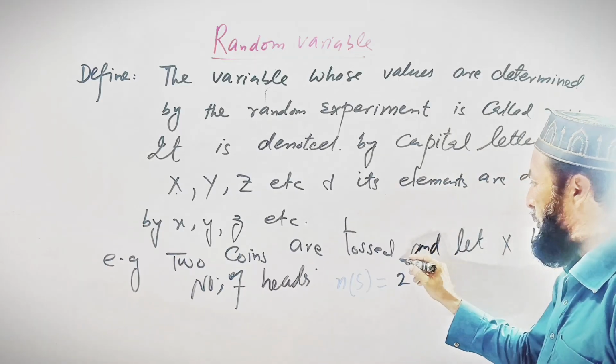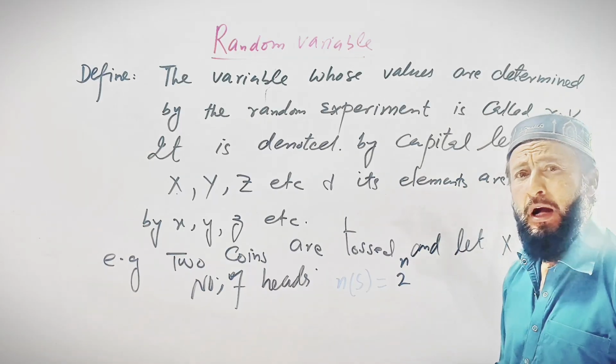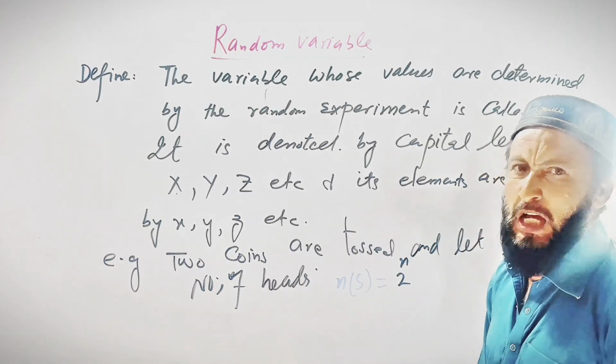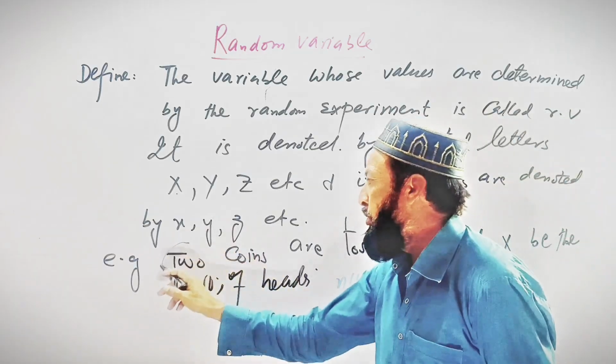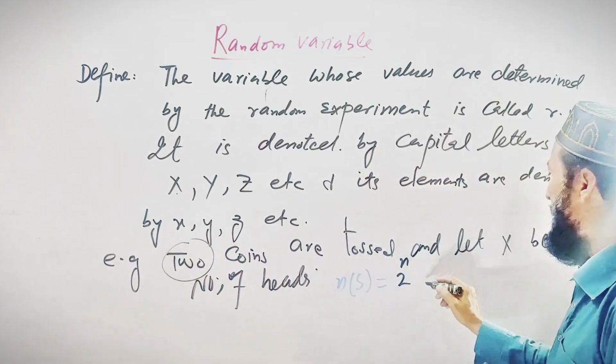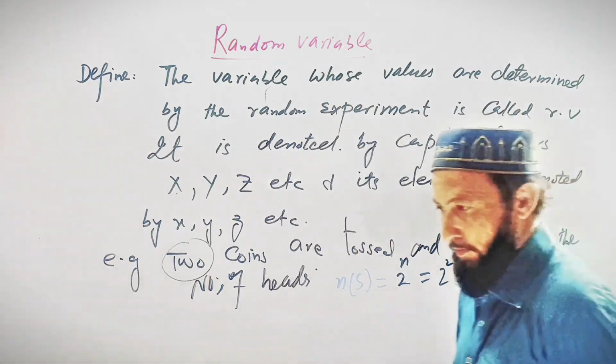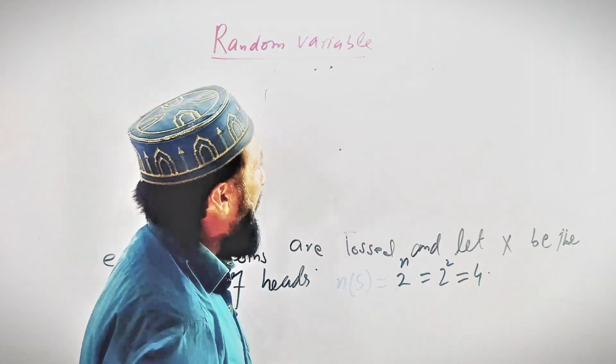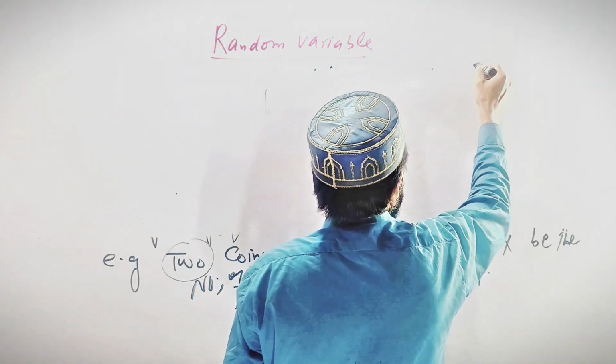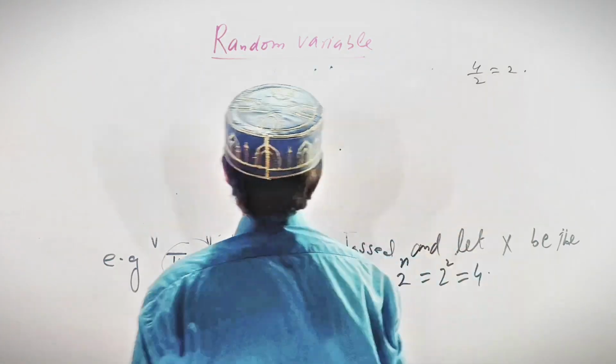So 2 to the power n, where n represents the number of experiments being done. Here 2 experiments are being done, so 2 to the power 2 is equal to 4. This result 4 we divide by 4, and here we get 2.